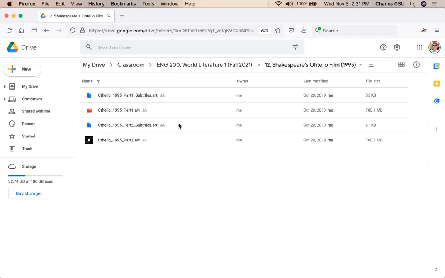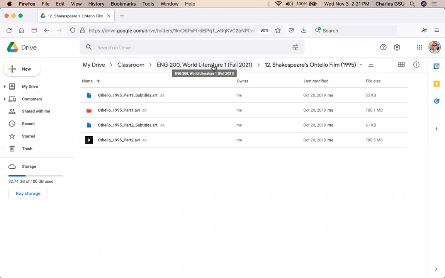So it's the characters speaking and acting in Shakespeare's play, and you have his Renaissance or Elizabethan diction in the subtitles.